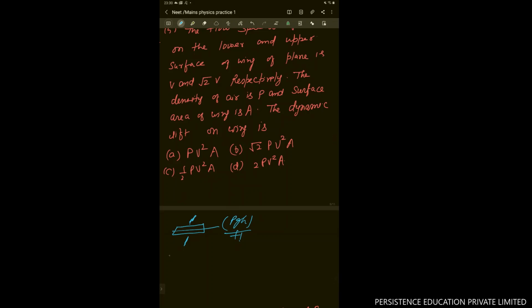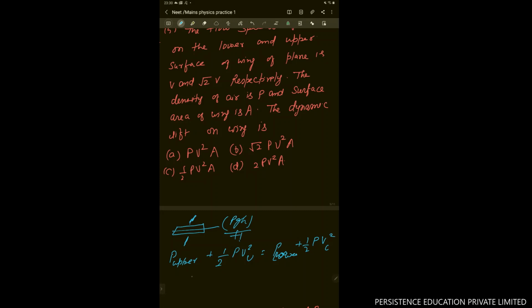All of us know that P upper plus half rho v upper squared equals P lower plus half rho v lower squared.